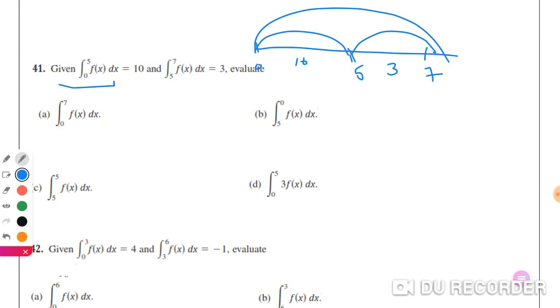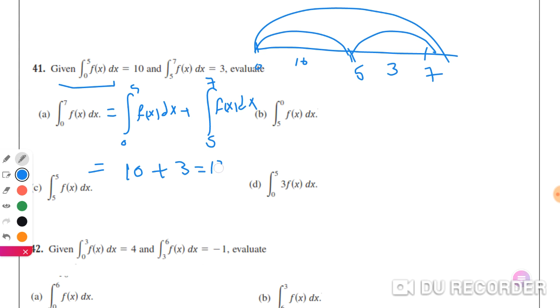That's a property. It will be their sum. It will be the definite integral from 0 to 5 of f of x with respect to x, plus the definite integral from 5 to 7 of f of x with respect to x. I can solve it mentally also, because from 0 to 7 it is two intervals, 0 to 5 and 5 to 7. So it will be 10 plus 3, it will be 13.